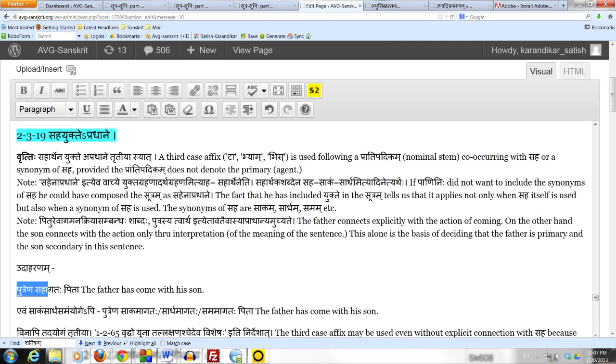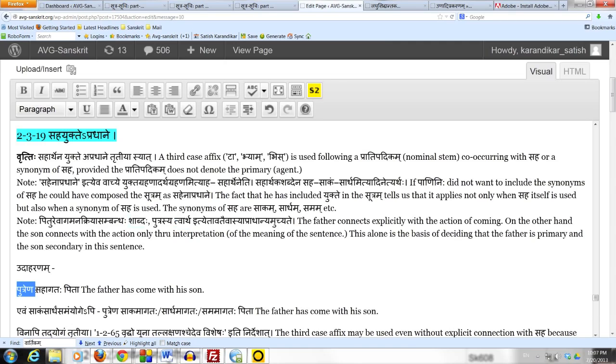The father has come. It implies that the son has come because the son is with the father. The word denoting the action is agataha. That connects explicitly, directly with the word pita. That's what is called shabdaha sambandhaha, explicit word connection. On the other hand, the arthaha is the implied or interpreted connection of the son with the action. Or in other words, the son connects with the action indirectly through the father.